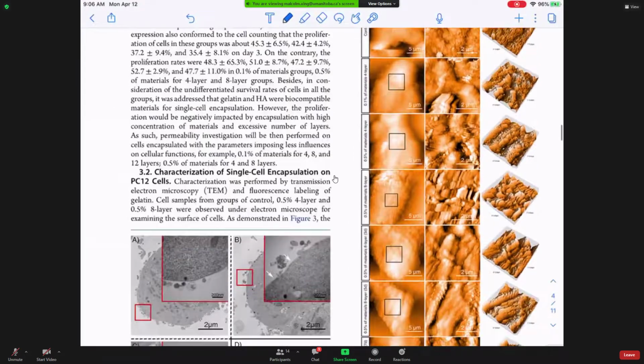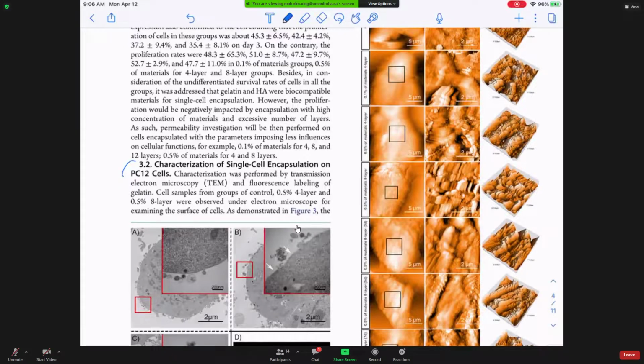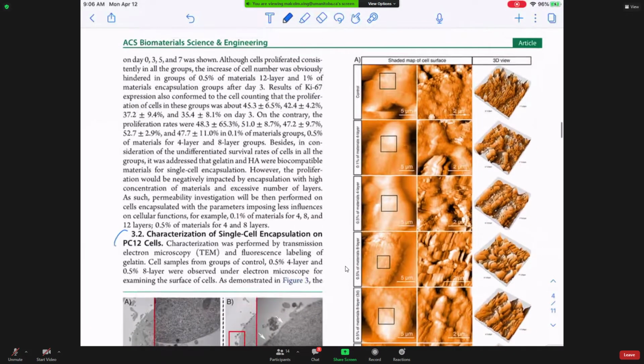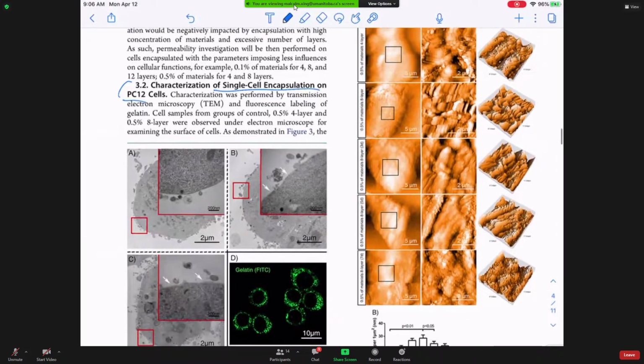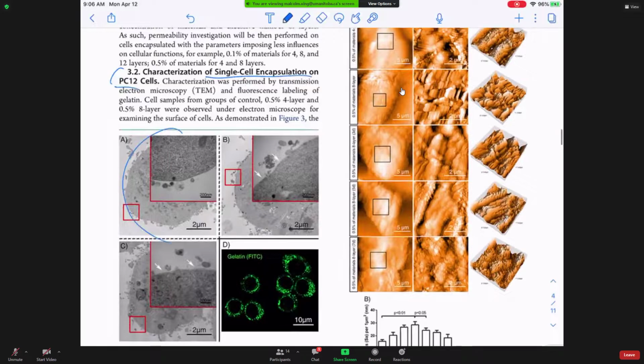And characterization, for example, single-cell encapsulation of PC12 cells. Single cell means you see a cell, and that's the membrane here.